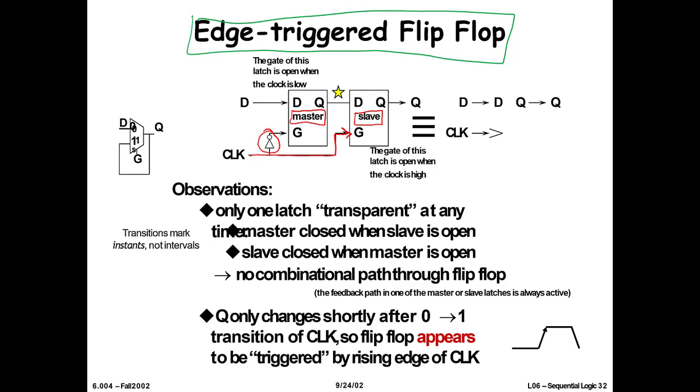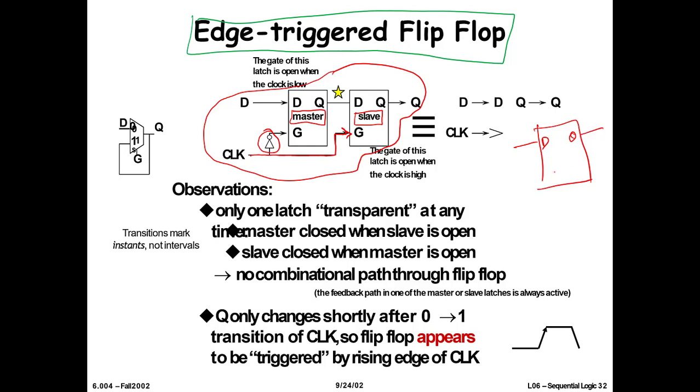This device has very interesting features. If you want to draw the symbol for this, it is like this: we have a D input, a Q output and a clock. All this is inside, and this is called a D flip-flop.